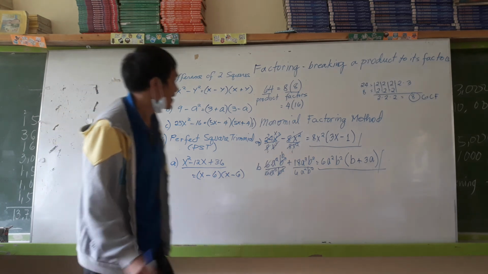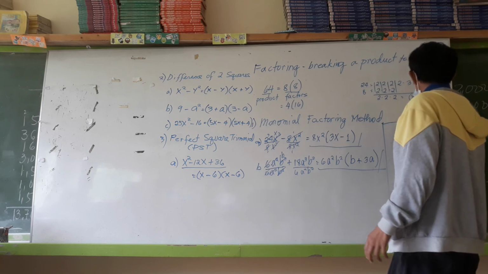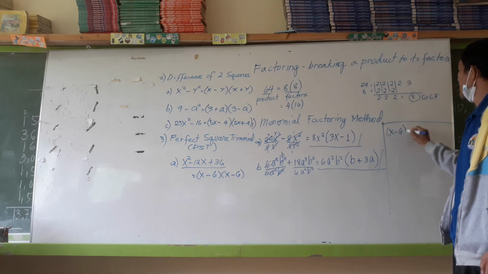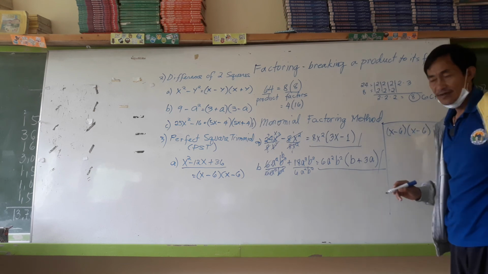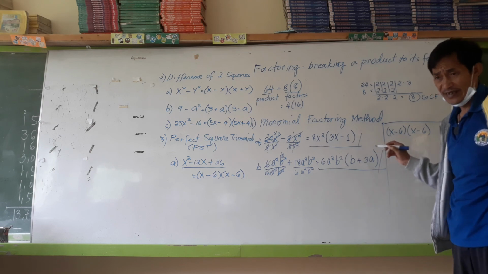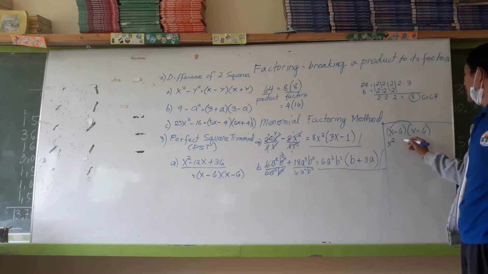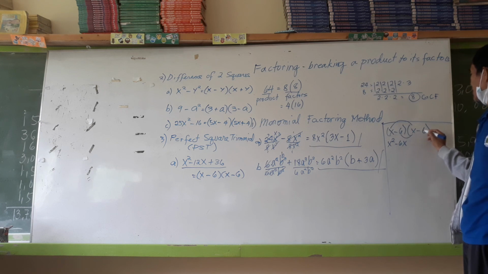Okay? Let us see. So, let us do it here. So, x minus 6 times x minus 6. You follow the FOIL method. First term to first term. X squared. The middle term, negative 6 times x will give you negative 6x.